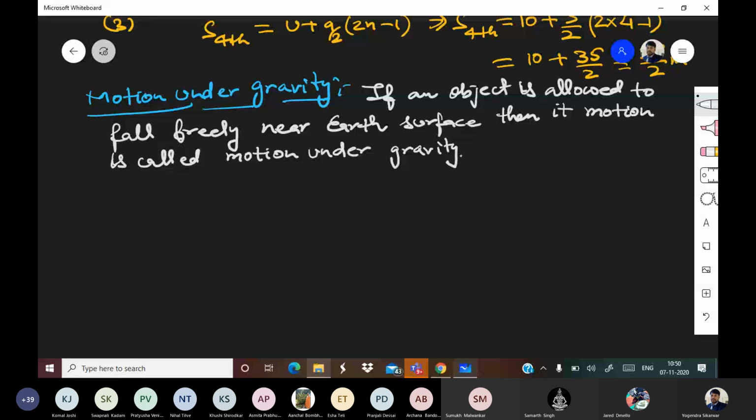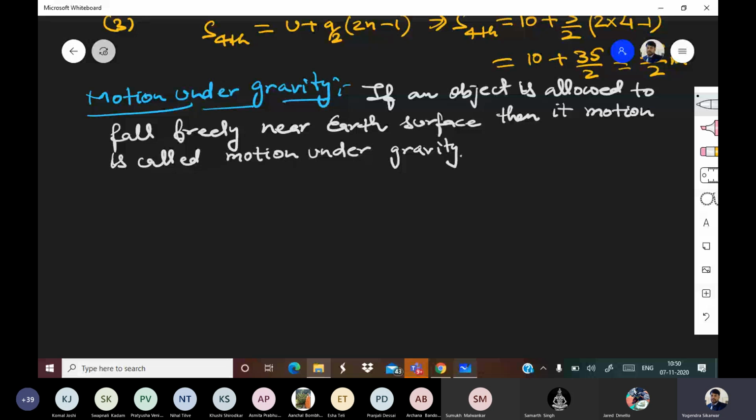Now, when we are saying fall freely, listen very carefully. That means we are assuming that there is no air, there is no parachute which can oppose the motion, and if air is not there, even parachute won't work. Parachute works because of presence of air, right? So this is very clear.